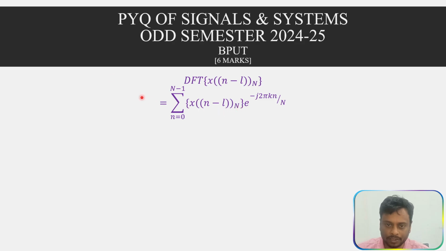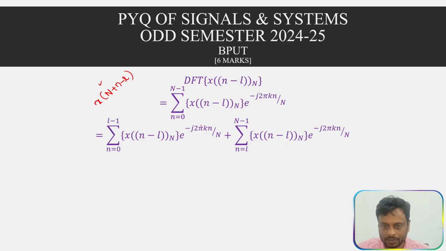That can be written as x of n plus, just add N over here. So actually the range n equal to 0 to N minus 1 is divided into two parts. One part is from 0 to l minus 1, the second part is from l to N minus 1.